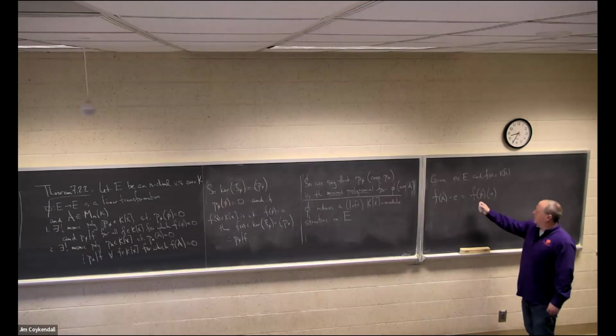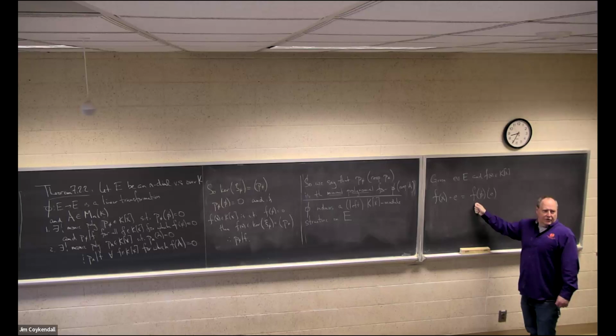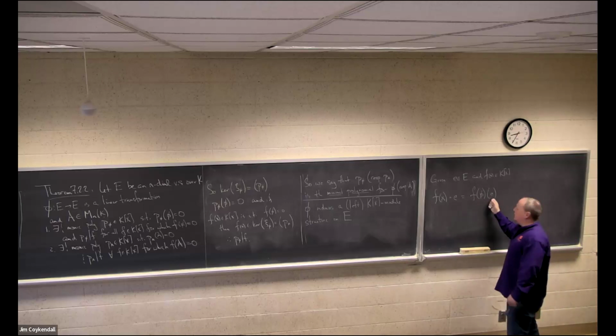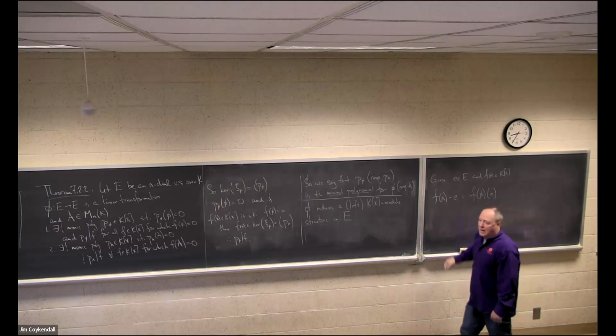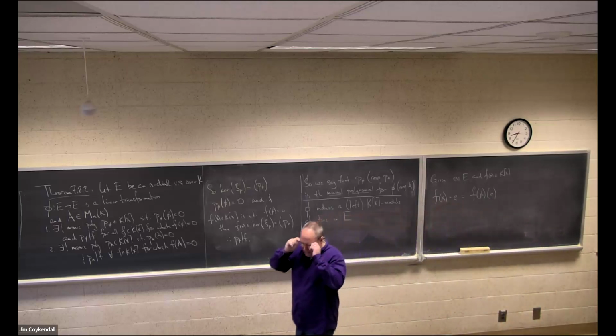Because of course, when I plug the linear transformation into f, I get a new, bigger, fancier linear transformation from E to E. So my input is in E, and this output is also in E. That's how I get a polynomial to act on this.